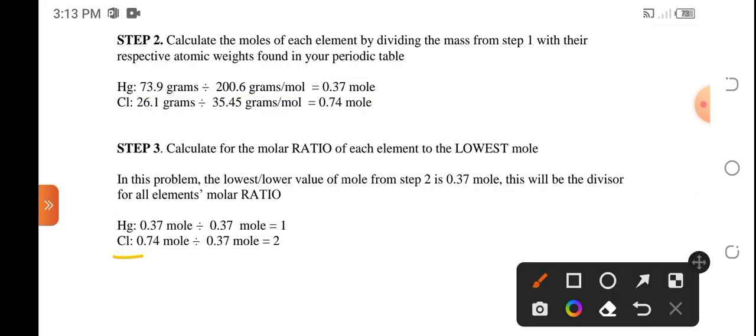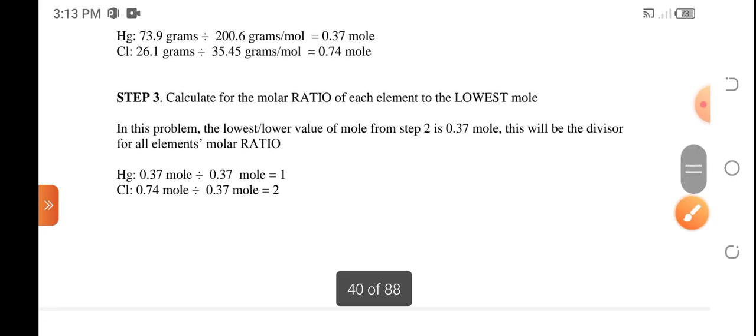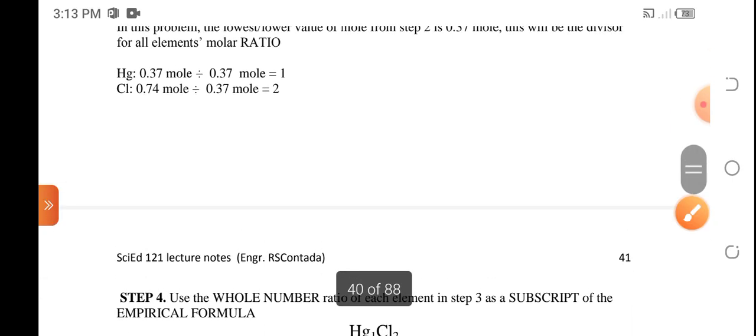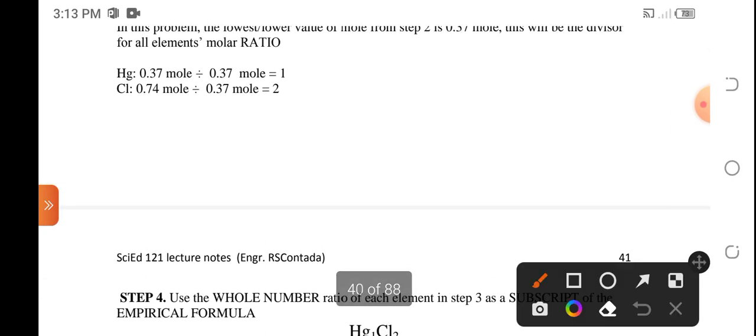Pagdating kay chlorine, ito yung actual niya, 0.74. Divide this by the lowest value or lower value from step number 2, and that would be 2. Okay? This ratio from step number 3 will then be used as the subscript. So, ulitin natin. Okay? So, mercury will have a ratio of 1 and chlorine will have a ratio of 2.